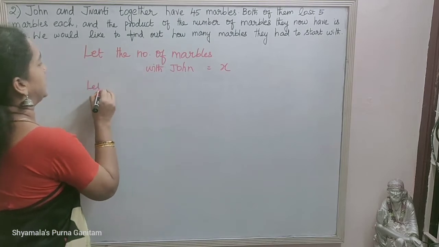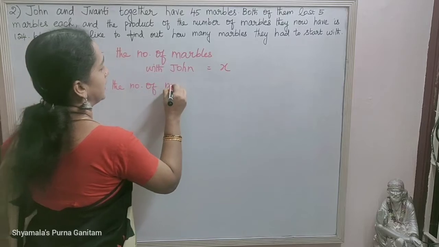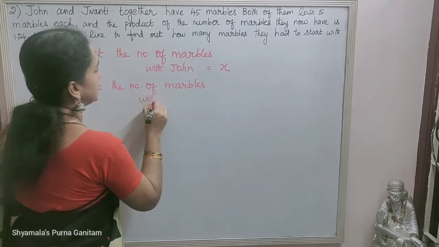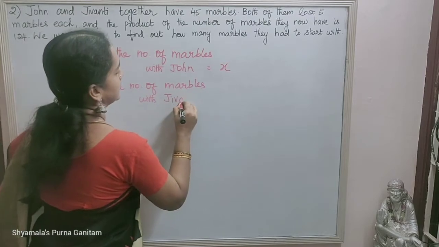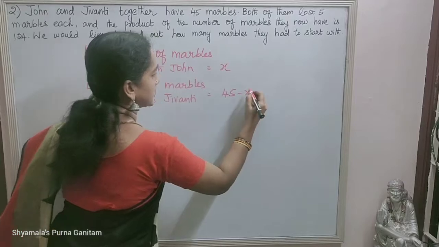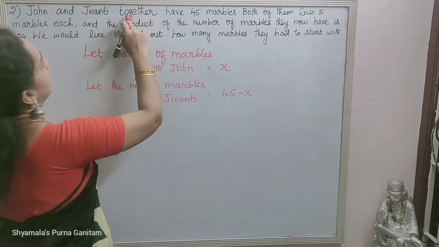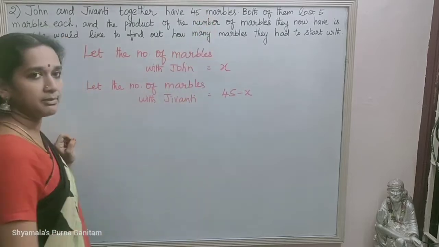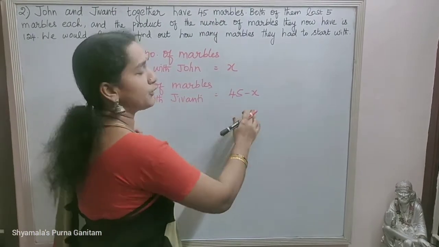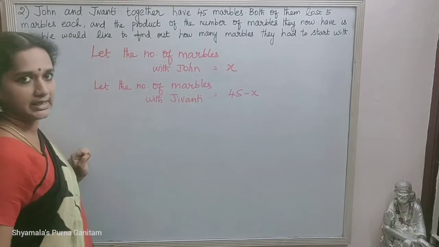Then let the number of marbles with Jeevanti be 45 minus x. How is this 45 minus x? Both of them have together 45 marbles. So if one is having x, the other one is having 45 minus x. Okay, this is the first condition given.